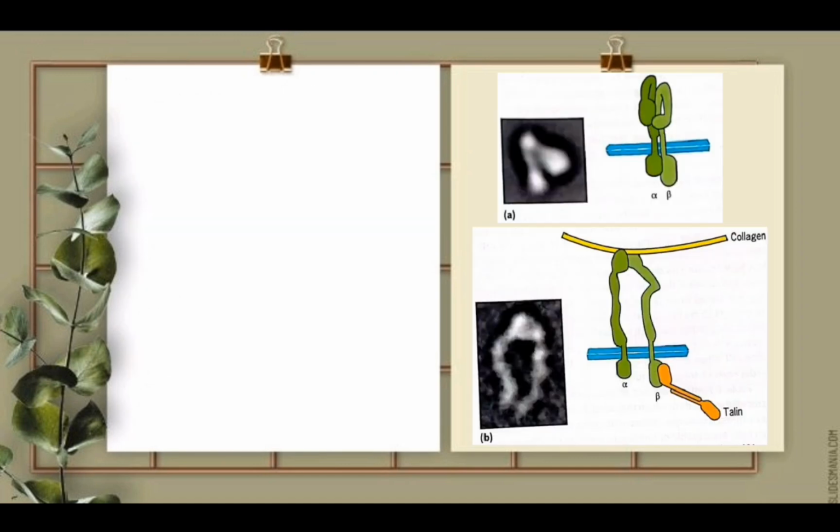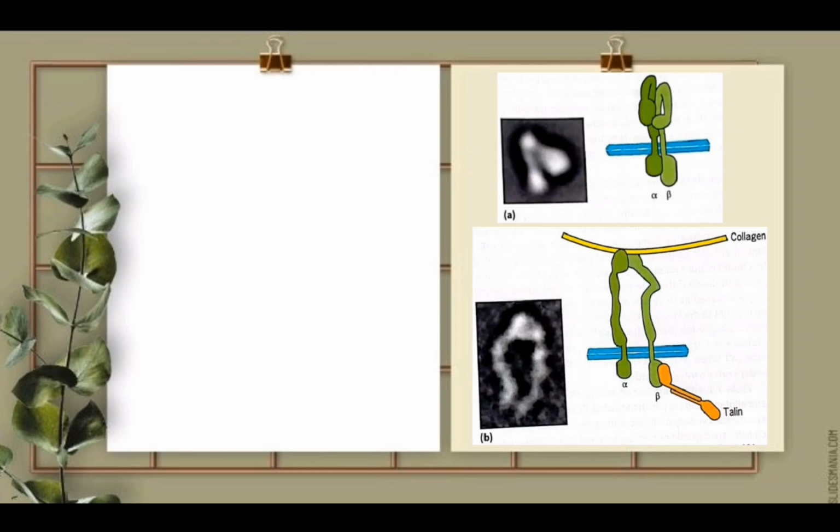So this is the integrin in the bent form. We have here the A, which is the schematic drawing of a complete integrin in the bent, inactive conformation and a corresponding electron micrograph of the extracellular portion of a similar molecule. And of course, we also have the B, which is a schematic drawing of an integrin in an active conformation and bound to a ligand, in this case talin.